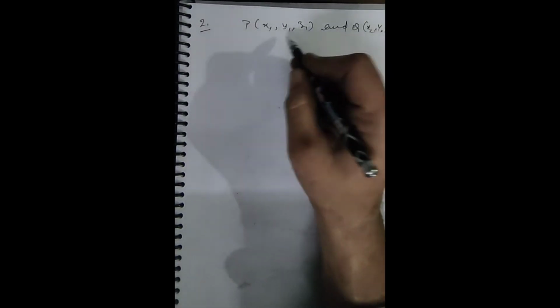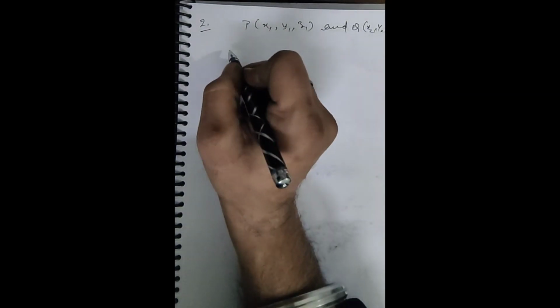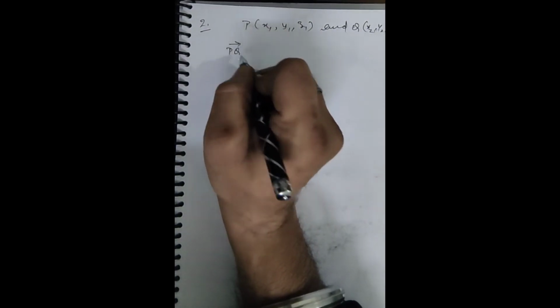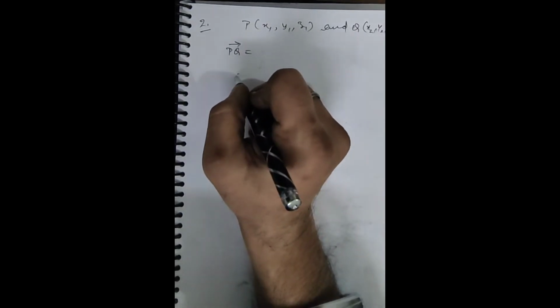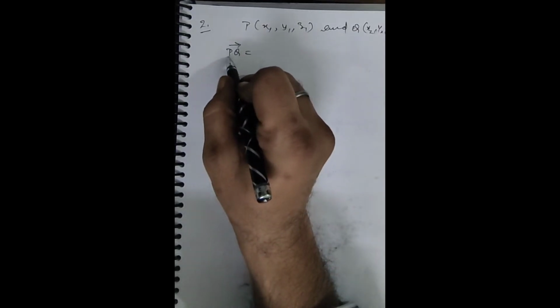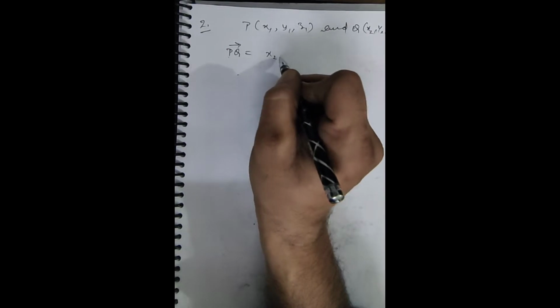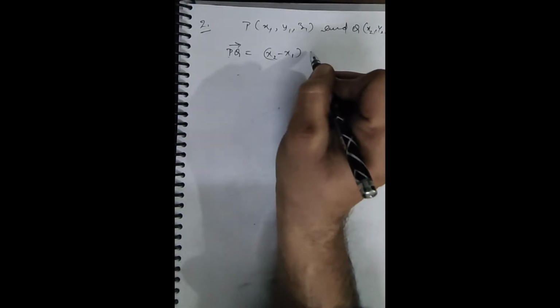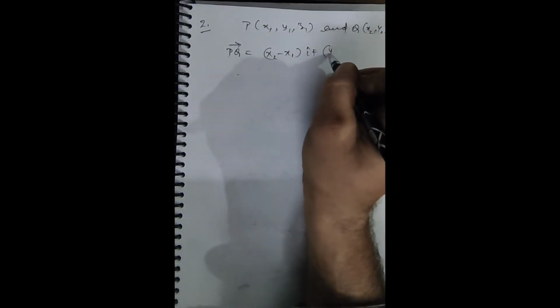Whenever a vector joins two points, we can write that vector as vector PQ. We need to subtract the coordinates of P from Q. Simply we can write it as (x2 minus x1) i cap, (y2 minus y1) j cap and (z2 minus z1) k cap.